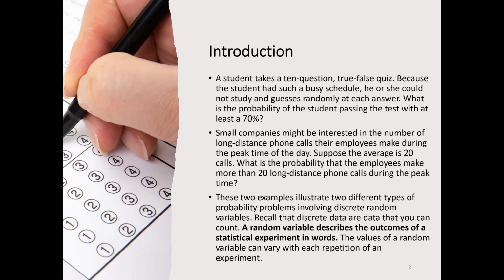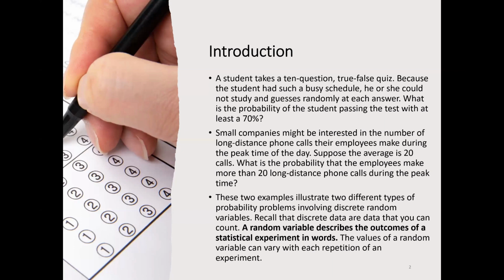What's the probability that the student will pass the test with at least a 70%? So a 70% or higher. To actually calculate that is quite cumbersome. So isn't it nice that somebody came up with a formula for us that will calculate this? Isn't it nice that someone programmed your calculator to calculate that?